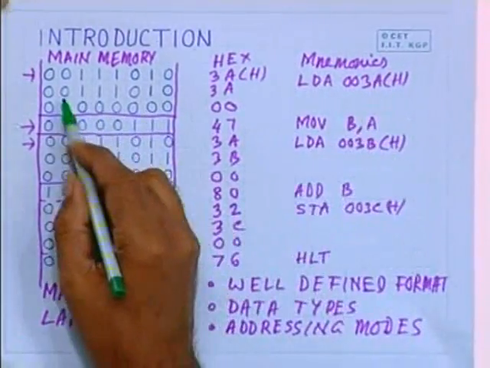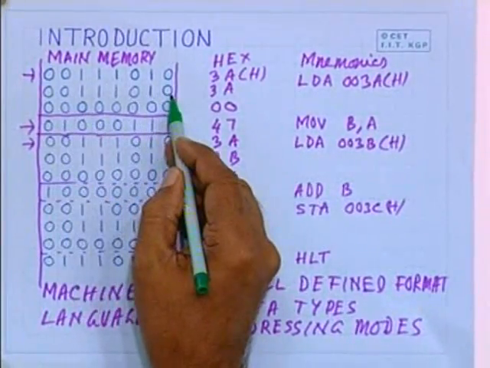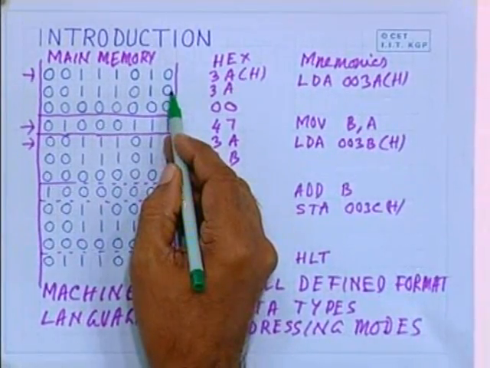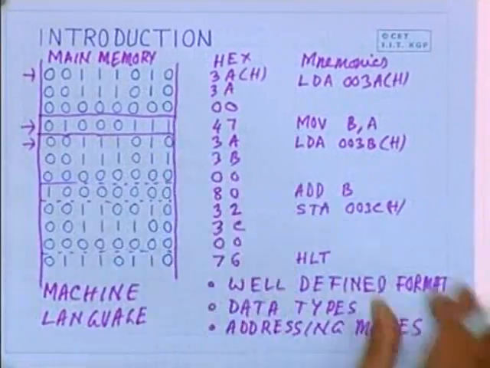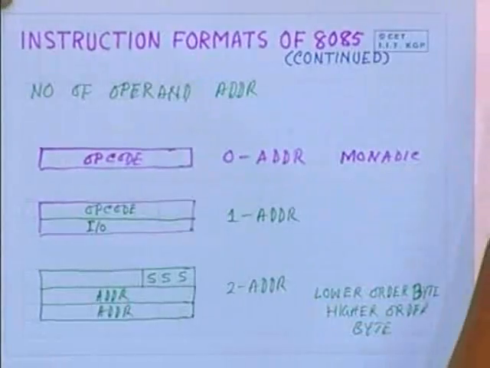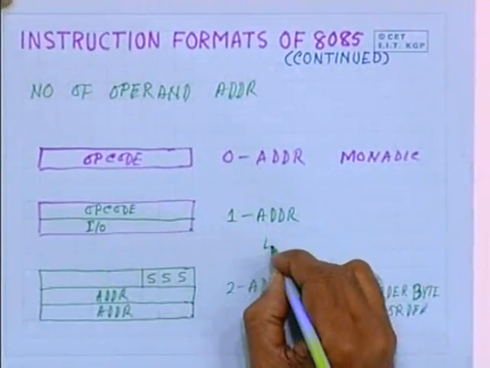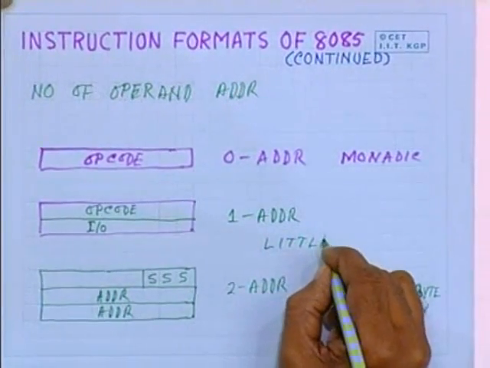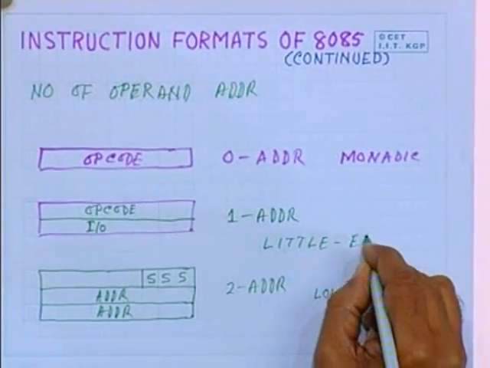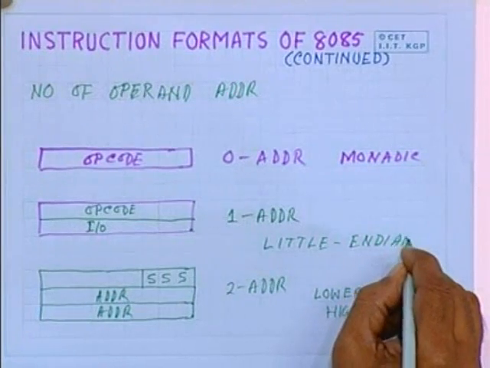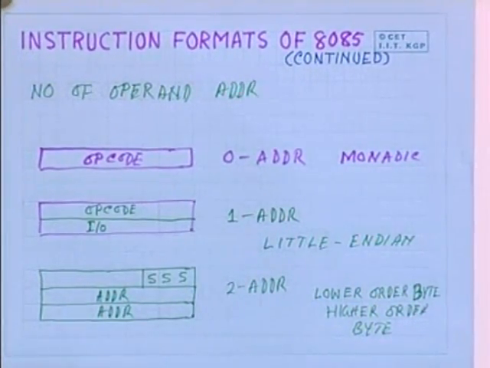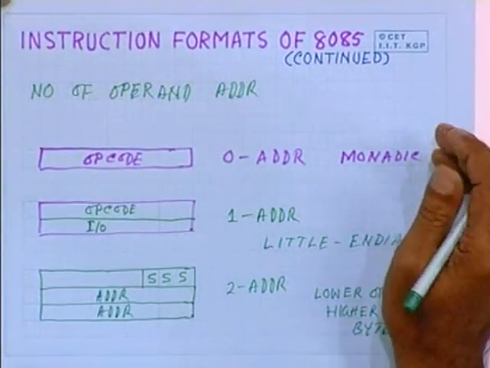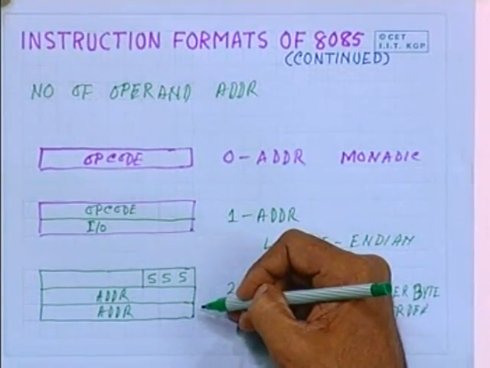As you can see here, the 3A is stored first, in byte 2, and 00 is stored in byte 3. This is the little endian convention, as I said. In this, the lower order byte is specified first, followed by the higher order byte. So these are the different formats that are used in 8085.